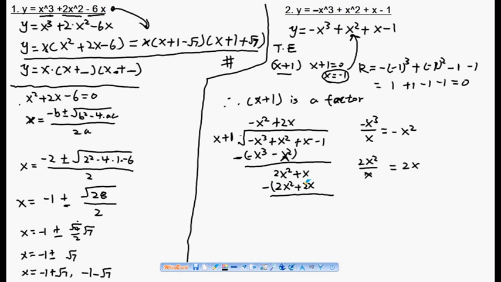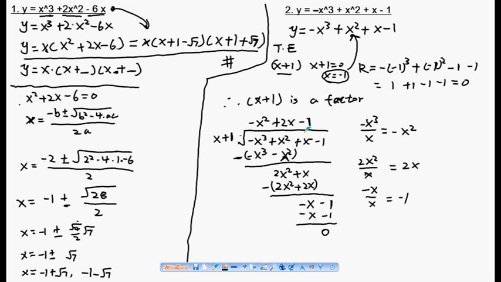Subtracting gives minus x minus 2x, and a minus 1. Now minus x divided by x equals minus 1, and minus 1 times the factor is minus x minus 1, so the remainder is 0.